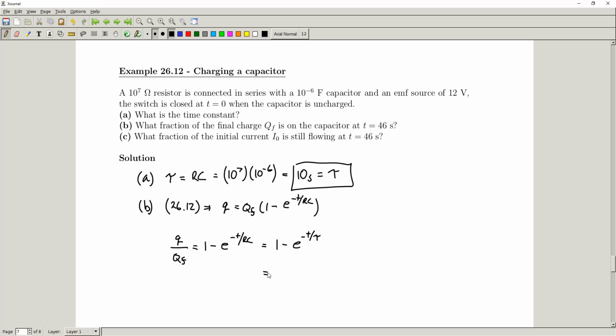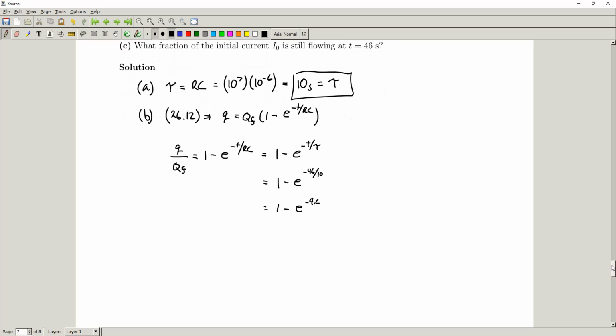So we have 1 minus e, and our t is 46 seconds, so minus 46, and our tau is 10 seconds, so it's just going to be 10. So this is 1 minus e to the minus 4.6. If you do that calculation, you will find that this is equal to 0.99.